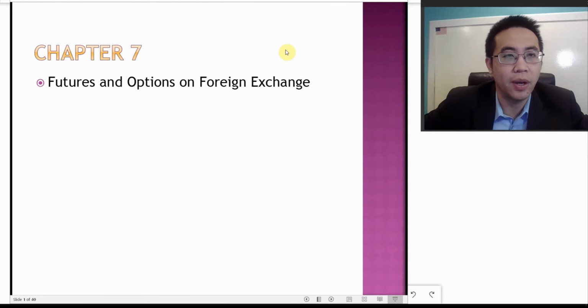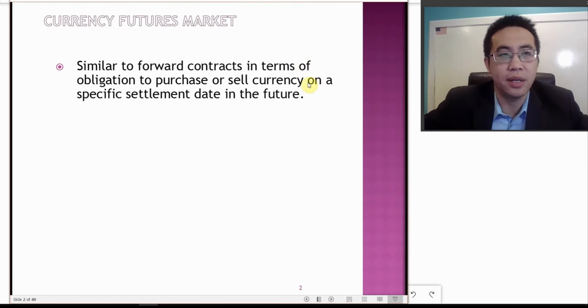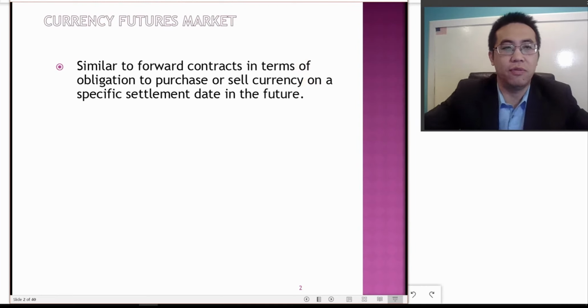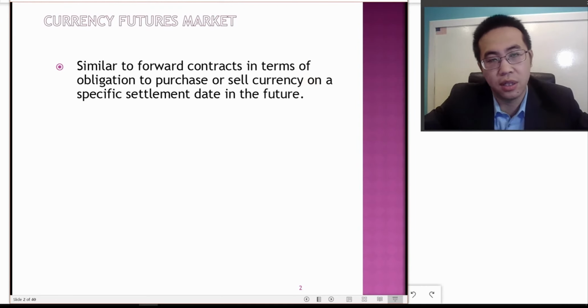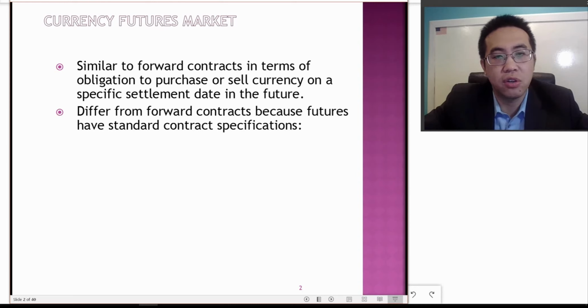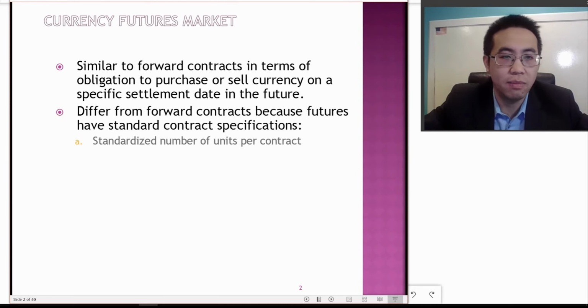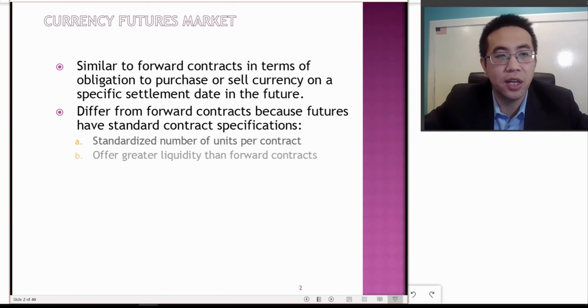In the PowerPoint posted on Canvas for Chapter 7, at the beginning, I compare and contrast the forward contracts and the futures contracts. They have certain similarities, like they both set up the settlement in the future. And the futures is different because the futures is more standardized in number of units per trade, and also it offers more liquidity.